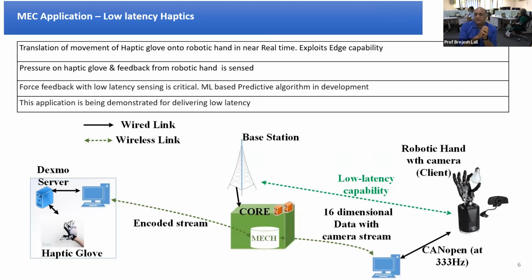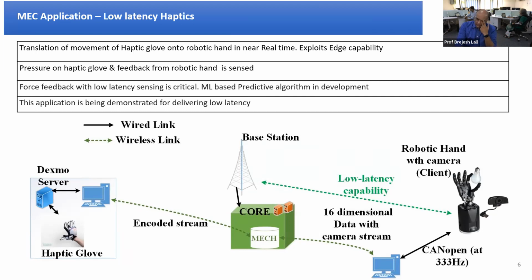The problem is that while building such devices, not enough care is taken to ensure that they can seamlessly communicate or be connected to the kind of architectures that you will encounter for communicating. So even though you want these to operate remotely, it is extremely difficult for the remote end, where the teleoperator is, to connect seamlessly to the robotic hand or whatever dexterous device you have at the other end. So this is where the first problem arises.